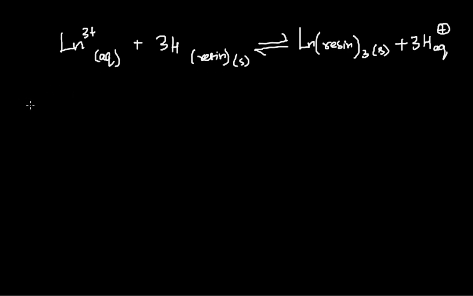The hydrogen ions that are produced are washed through the column, the H+ ions.